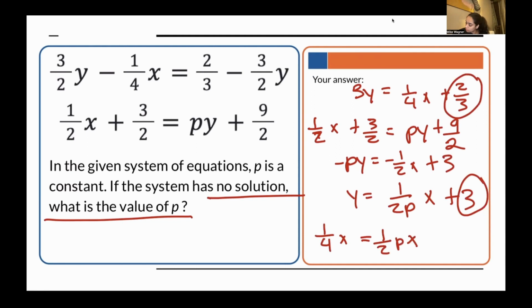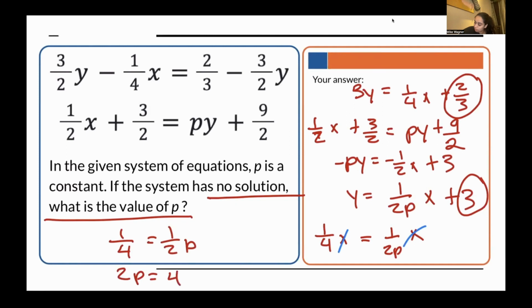And sorry, the p is actually on the lowercase x. So then we get rid of the x's, and we get 1 over 4 equals 1 over 2p. So 2p equals 4, p equals 2. If I didn't drop any signs or anything, that's correct.